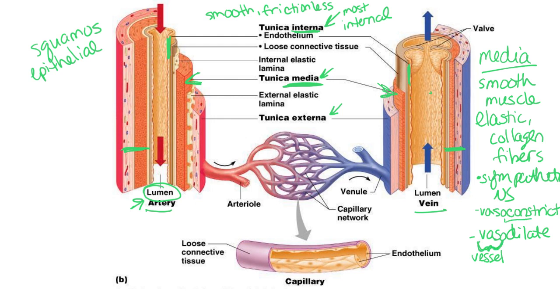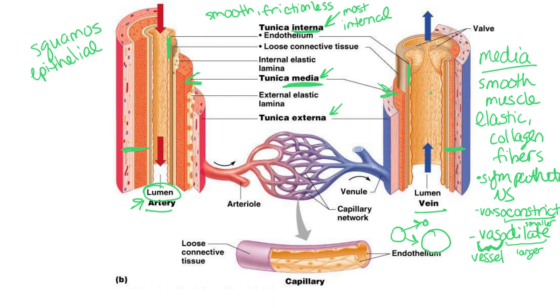If they constrict, it gets smaller. If it dilates, it's going to get larger. In particular, we're talking about the diameter. So if the diameter of the vessel is normally like this, if I vasoconstrict, it gets smaller. If I vasodilate, it gets bigger. That can impact blood pressure, and it can impact blood flow from place to place.